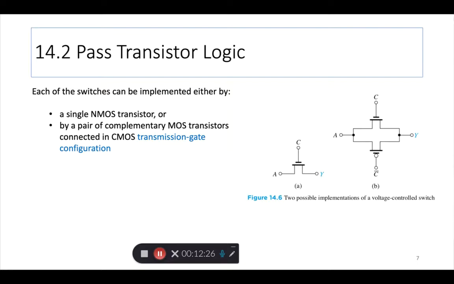Okay? And so as we go through this, you will understand why this seems even still better compared to going with full CMOS inverter approaches. All right. So what you have to remember then is you can have a switch either with a single transistor or with a pair of transistors, and if you have a pair of them of opposite polarity, then we call that a CMOS transmission gate configuration.